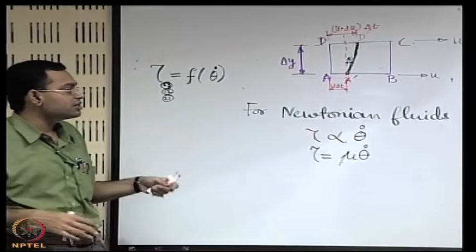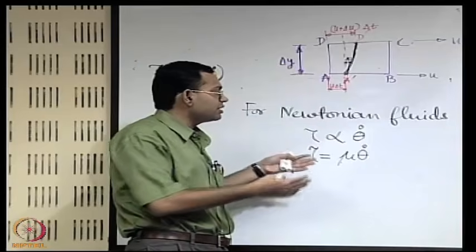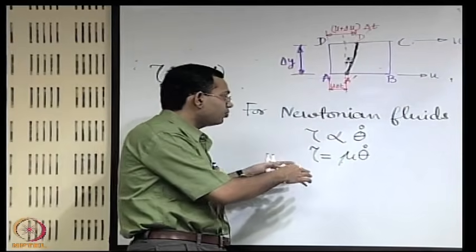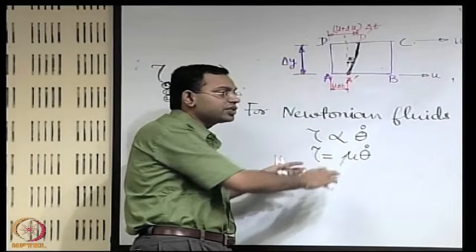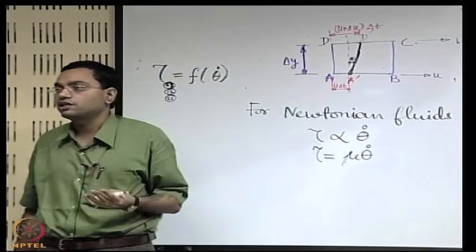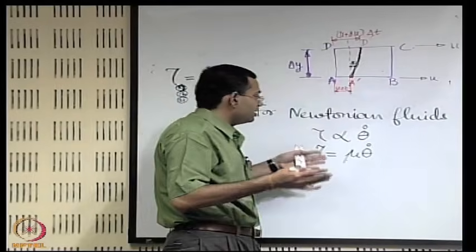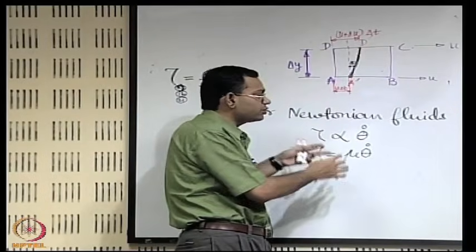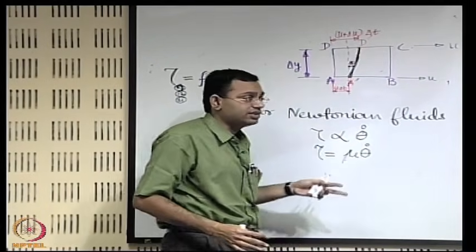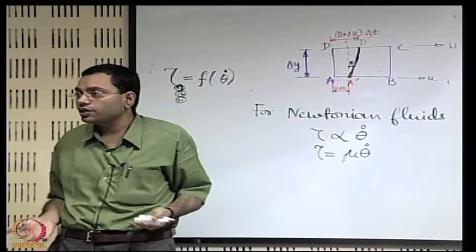For a fluid which is not a Newtonian one, this definition does not work. Still one may cast the relationship in this type of pseudo form, but that is not really a viscosity; that is called apparent viscosity, because in a true sense the viscosity definition should follow Newton's law of viscosity, but all fluids do not obey Newton's law of viscosity.